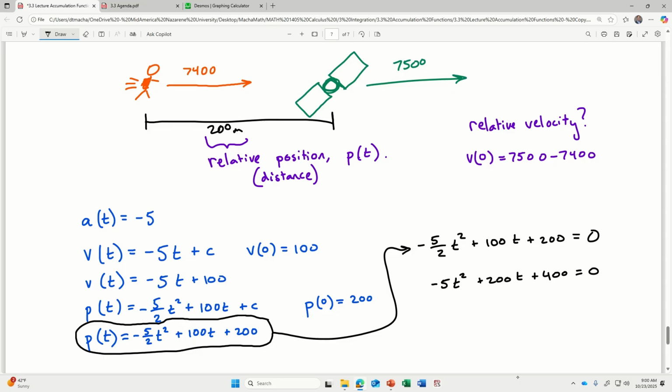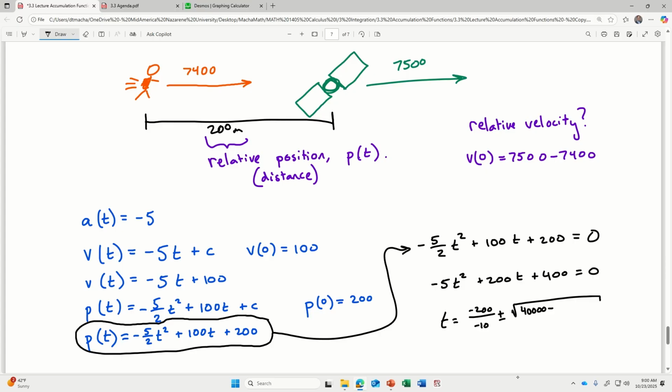And then I'm going to use the quadratic formula. So let's plug into our quadratic formula. It's negative b over 2a plus or minus the square root of b squared minus 4 times a times c, which is 4 times 5, 20, 20 times 400.